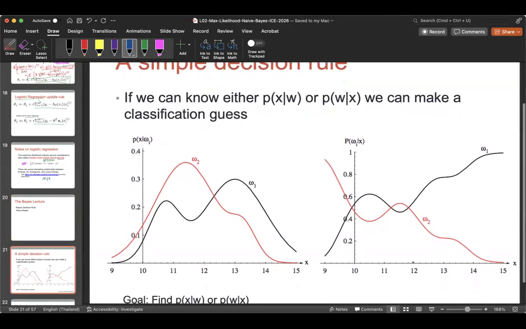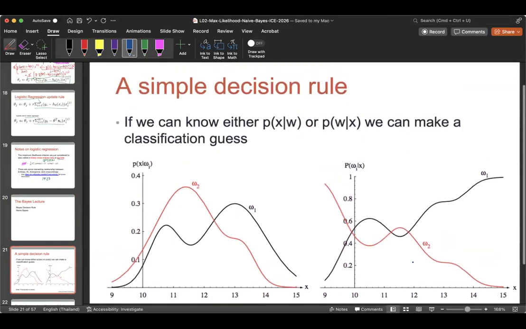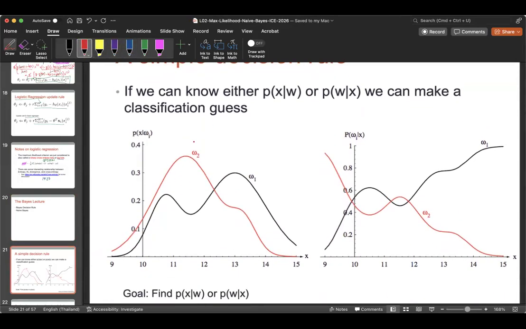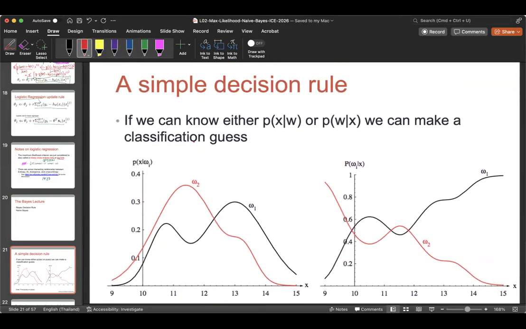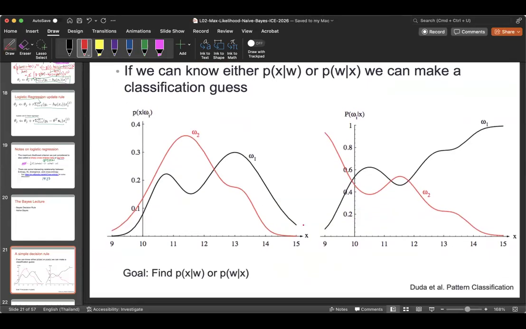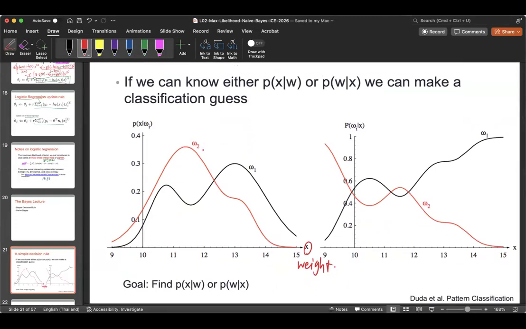Let's say that I want to build a cat or dog classifier. Given X, which is the weight of some animal, I want to classify whether it's a cat or a dog. W1 is a dog.